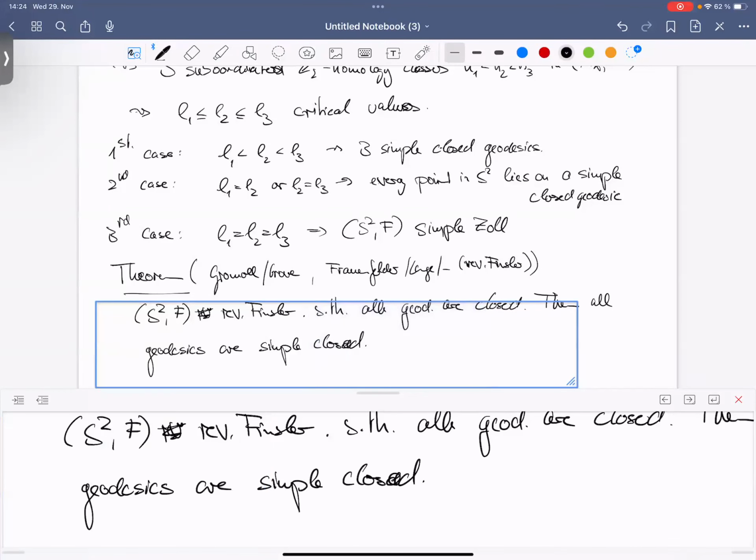As you would expect, if you look at the constant curvature two-sphere, all geodesics are closed, but they don't have self-intersections.